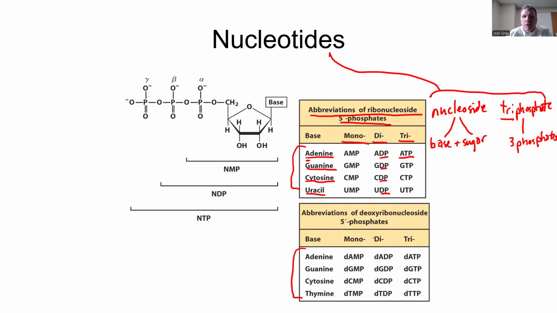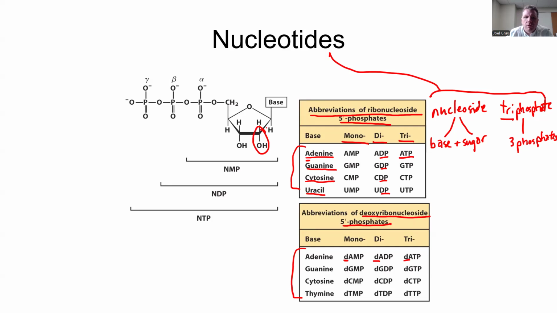Now, this is a very subtle thing to pick up on, but I think it's an important thing to recognize, and that is this lowercase d in front of those. Well, that implies that you're talking about a deoxynucleoside triphosphate. So this shows that you are dealing with something that lacks that hydroxyl group at position 2 prime.